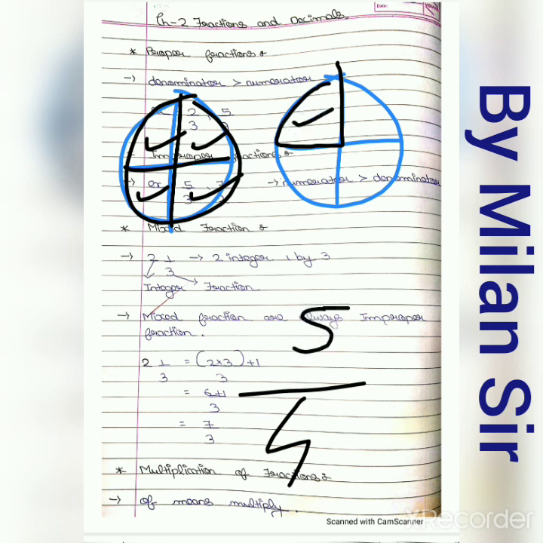So it's 5 by 4. So this is an improper fraction. Here we consider more than one whole quantity. Here we take 2 circles. Again we divided the circle into 4 parts. Our denominator is 4. But how many parts do we consider? Total 5 parts we consider here. So it's 5 by 4. This is an improper fraction. Right?